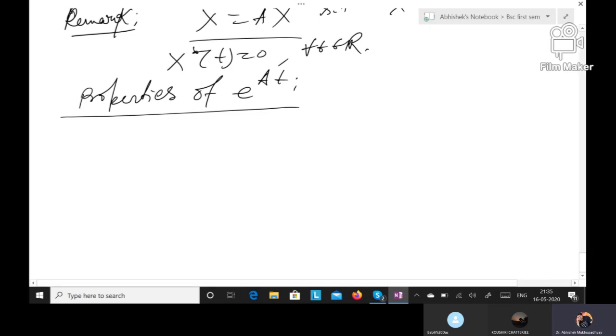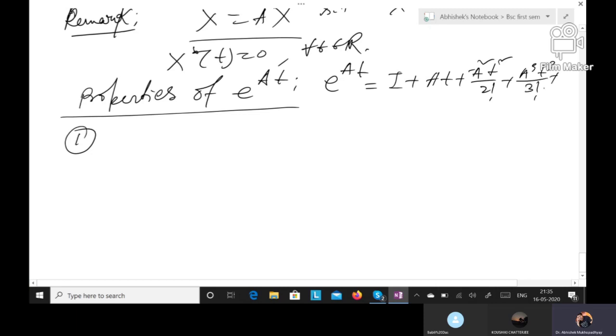So the first one is, let us write down the expression of e to the power At again: I plus At plus A square t square by 2 factorial plus A cube t cube by 3 factorial and so on.